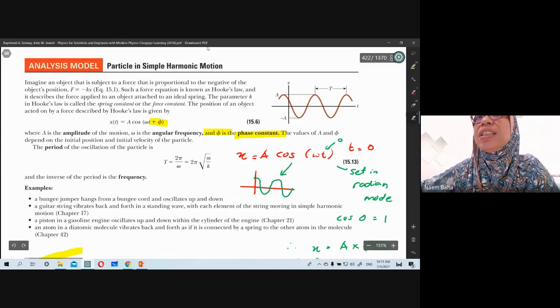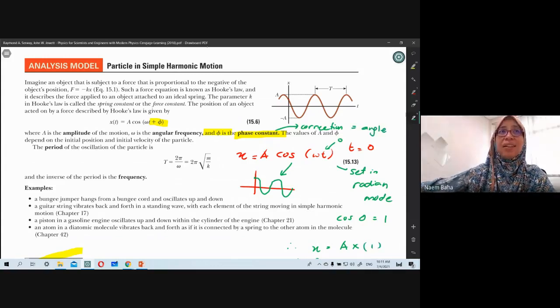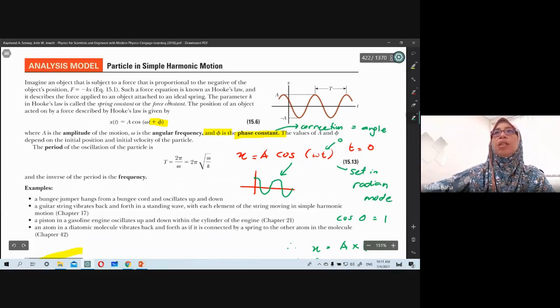So this phi is actually a correction equivalent to the angle. That's what we are going to see in example number 15.4. But as of now, just understand that it's there because the graph does not start at exactly A, exactly at amplitude.